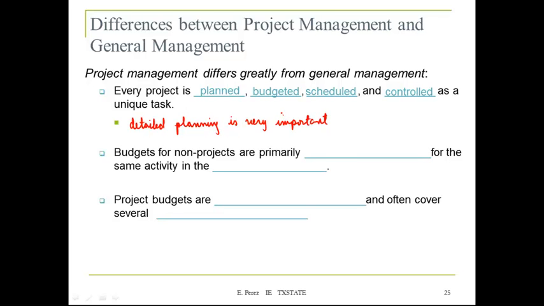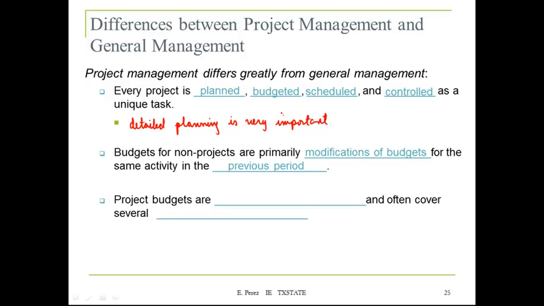Now, for known projects, the budgets are primarily modification of previous budgets for the same activity in the previous period. So, for instance, if you're in charge of a department in a bank, let's talk about the customer service department, and you have 10 employees under your supervision.